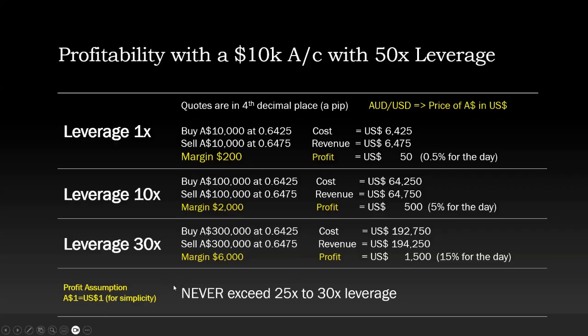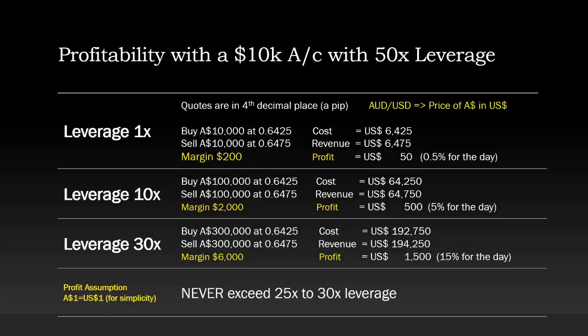But I've assumed just 1:1, just for simplicity, because 1,500 is actually more like 2,200 Aussie or 2,000 Aussie, which is a far greater return. That's almost a 20% return on my Aussie dollar account. But we'll avoid that kind of fine maths. We'll keep it 1:1 for simplicity. And as a general guide, we're never going to exceed 20 to 30 times leverage. Okay?